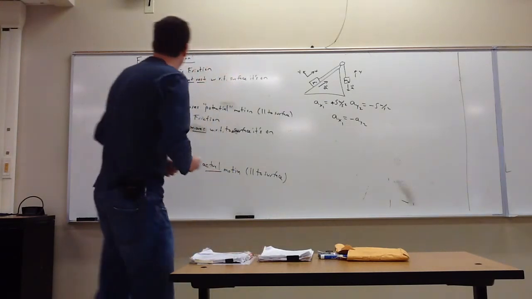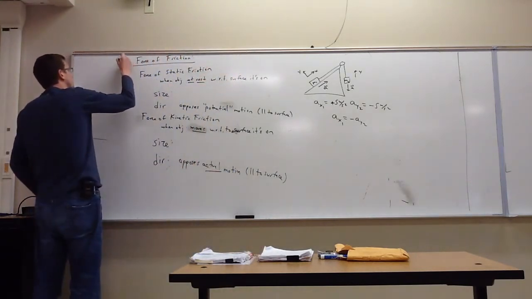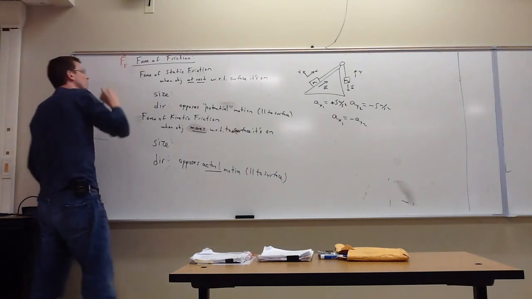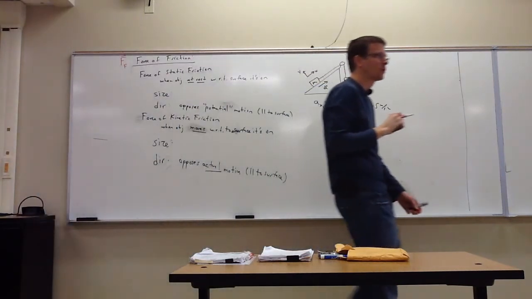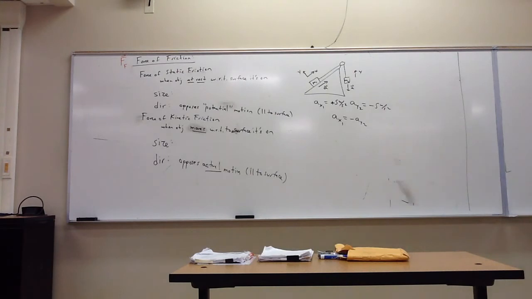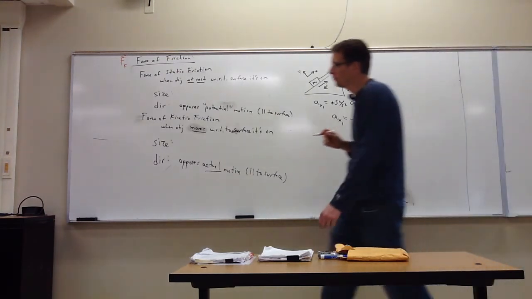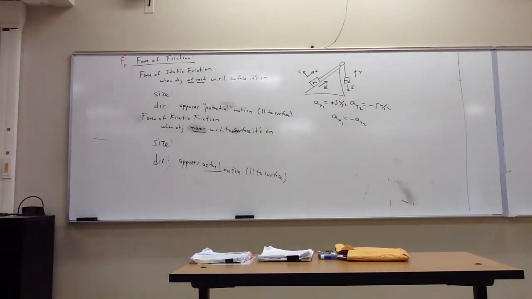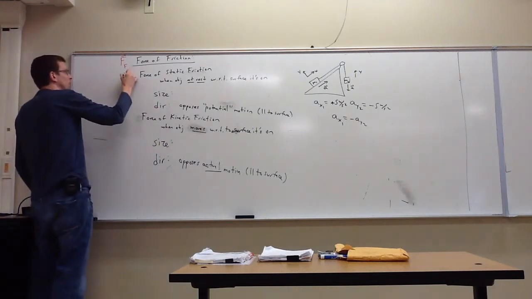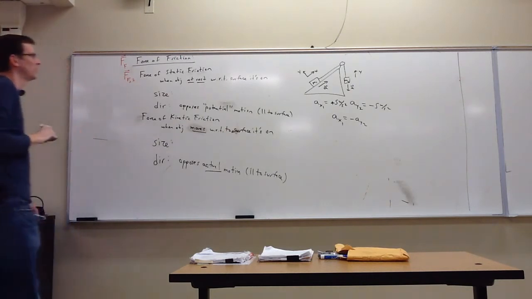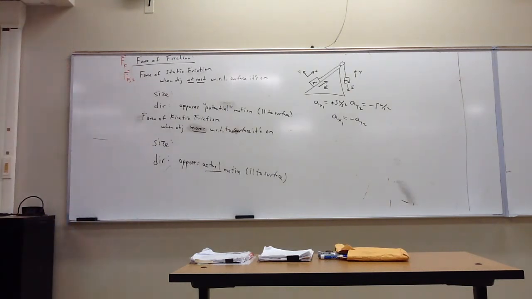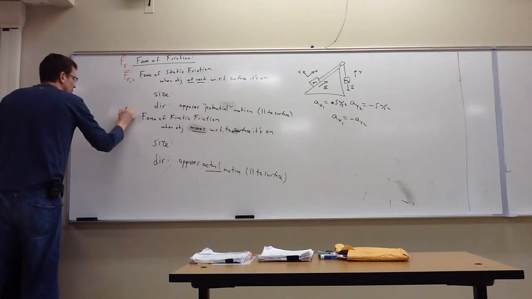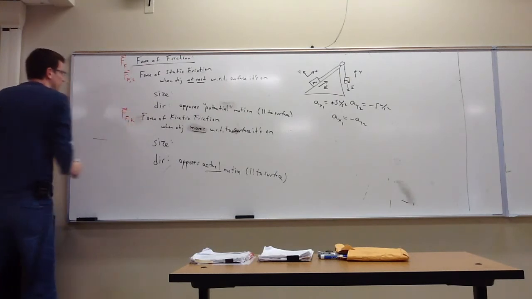So for me, I'm going to indicate force of friction as F sub F. So the big F is for force, of course, and then the small f is for friction. Now, that gets a little bit awkward when I need to then further subdivide the force into static and kinetic parts. So I'll use force of friction comma static for static friction, force of friction comma kinetic for kinetic friction.